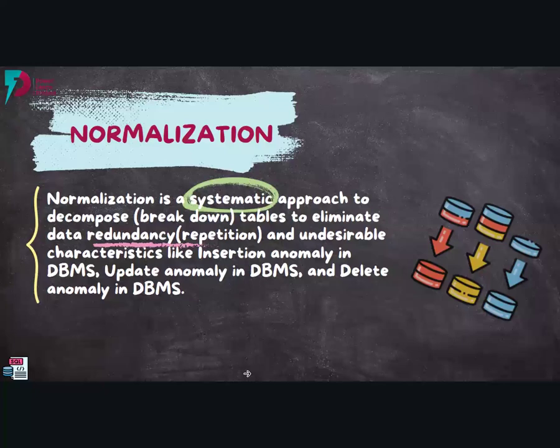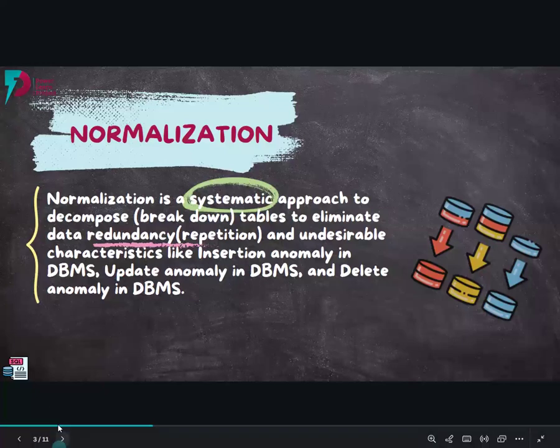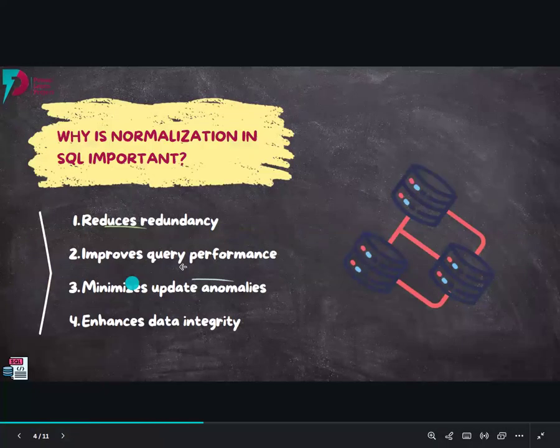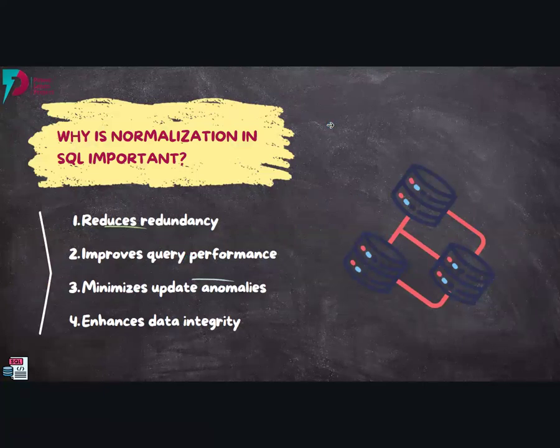Nice one. Yes, so why is normalization important? So we have some of the advantages of why normalization is important. It reduces redundancy. Don't worry, I'm going to explain what this means.